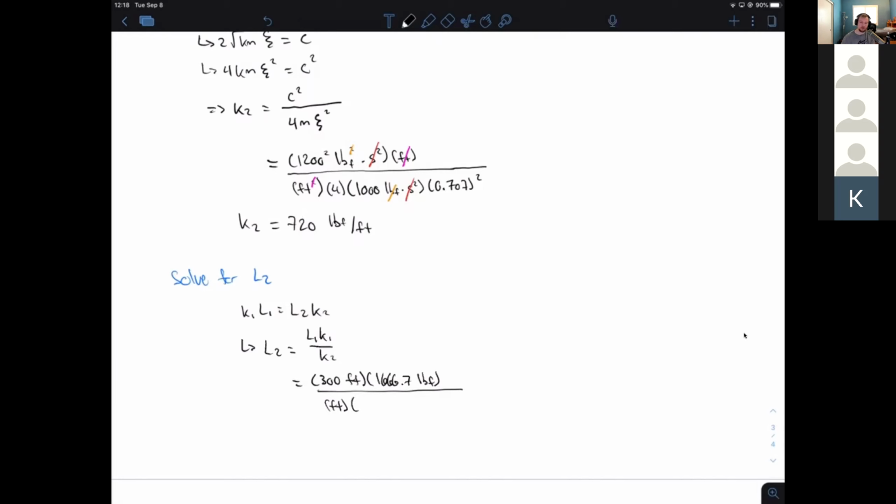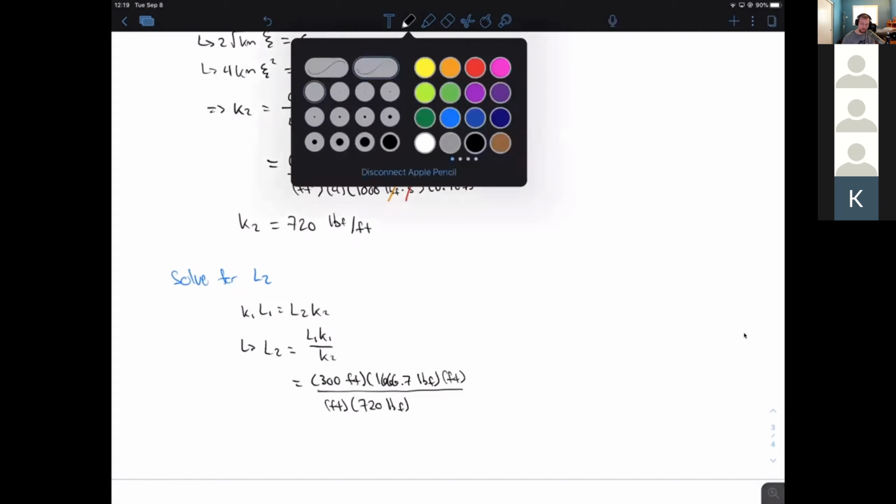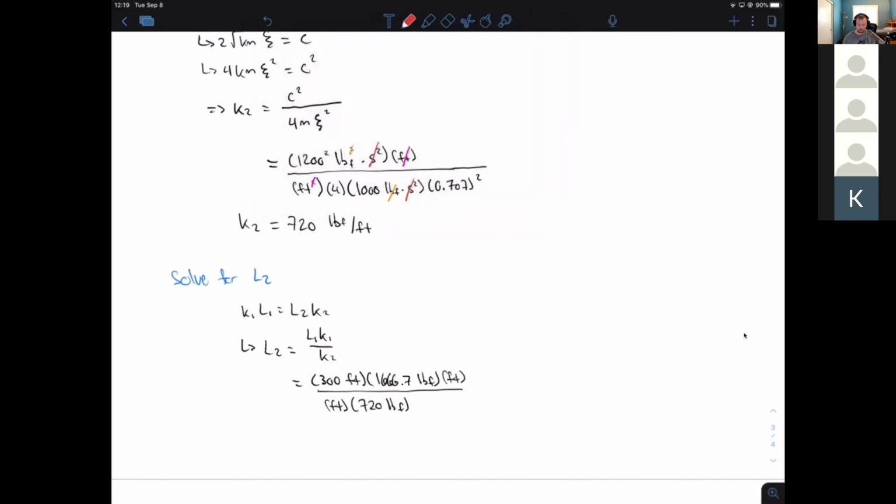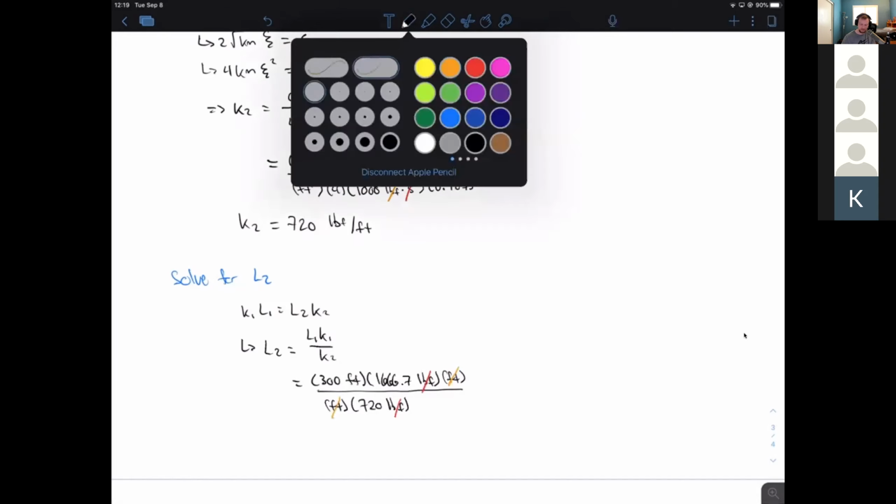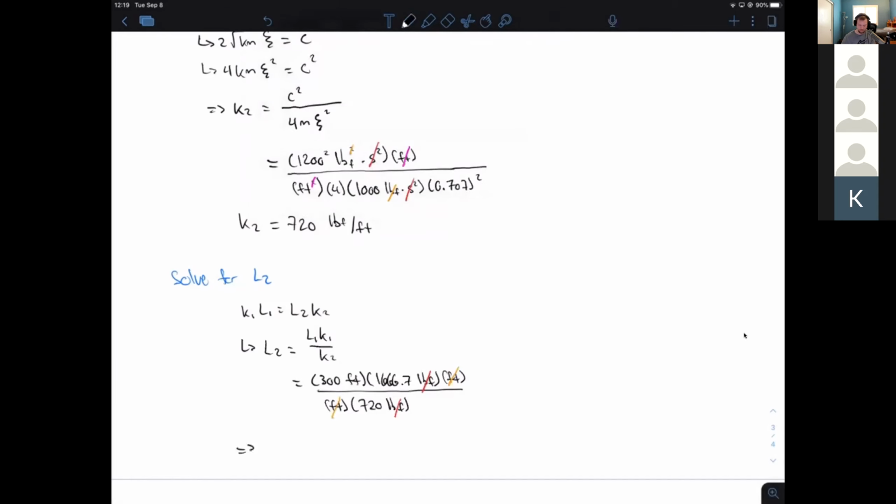So k2 we just solved for, 720 pound force per foot. And if we cross out our units here, we have pound force, and then foot and foot. So then L2 equals about 694.5 feet.